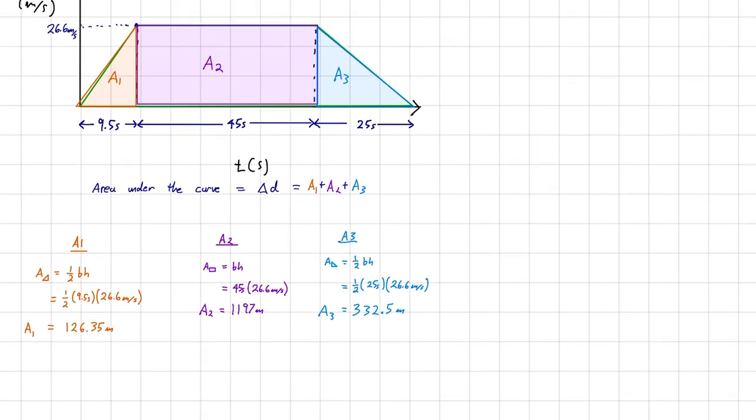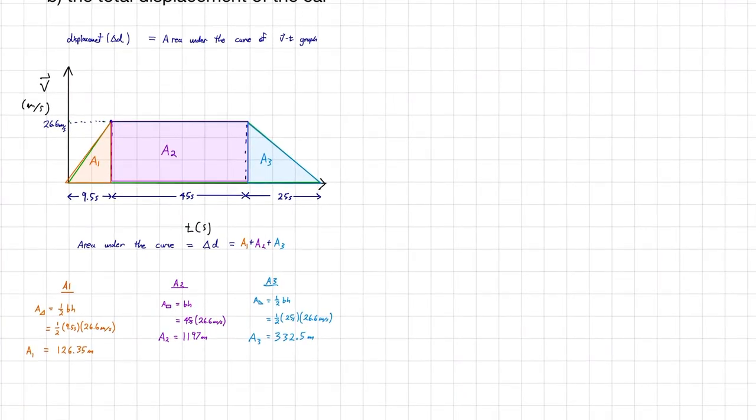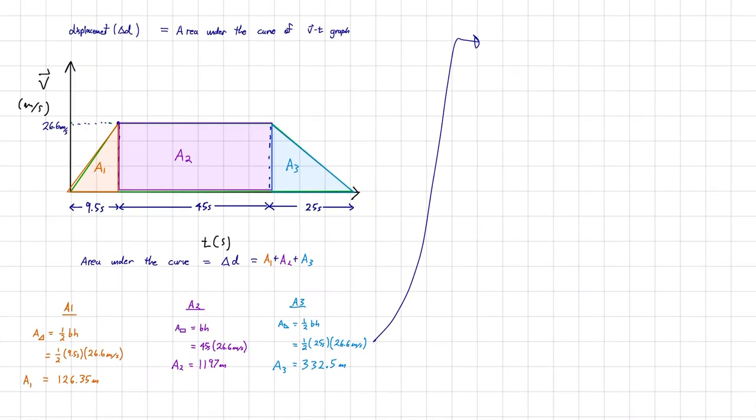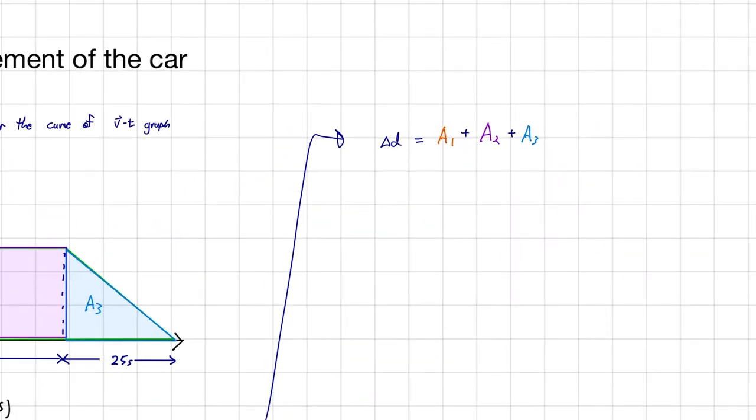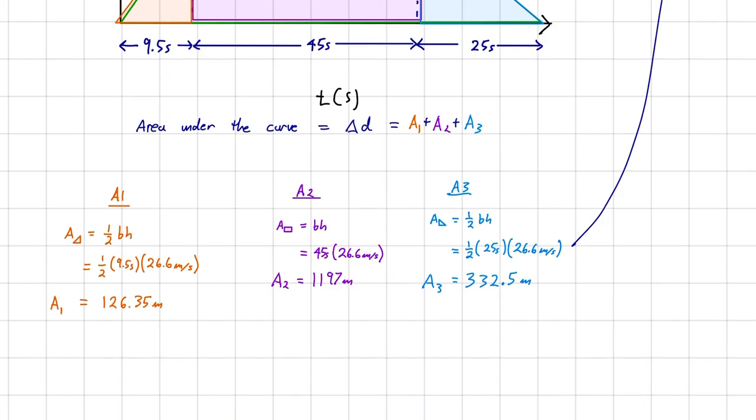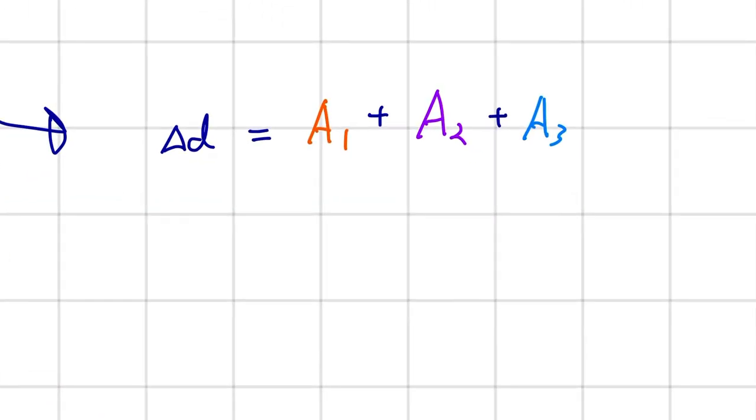All right, we are just about finished here. I'm going to bring us back up to the top. All that's left to do is add up these areas. So again, I will rewrite our equation for the displacement, and that is A1 plus A2 plus A3. And just keeping the colors consistent here. Okay, so let's add up these areas. A1, 126.35 meters.